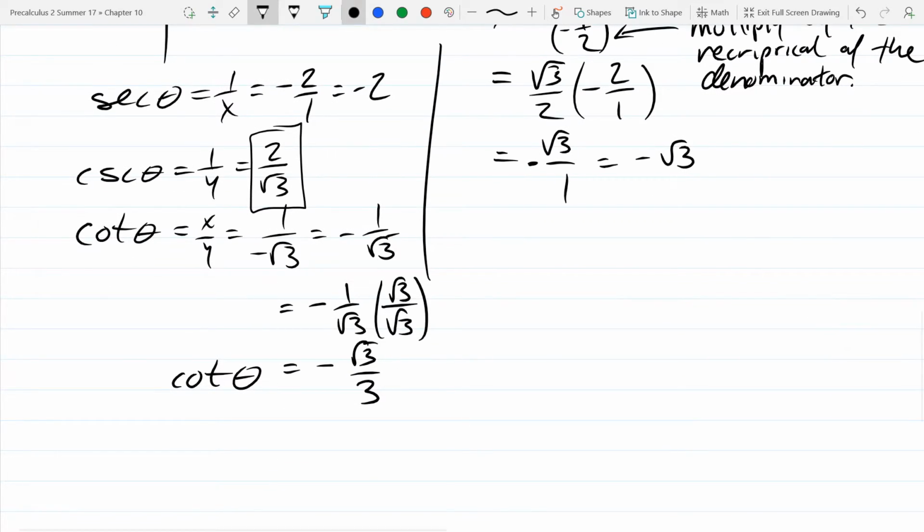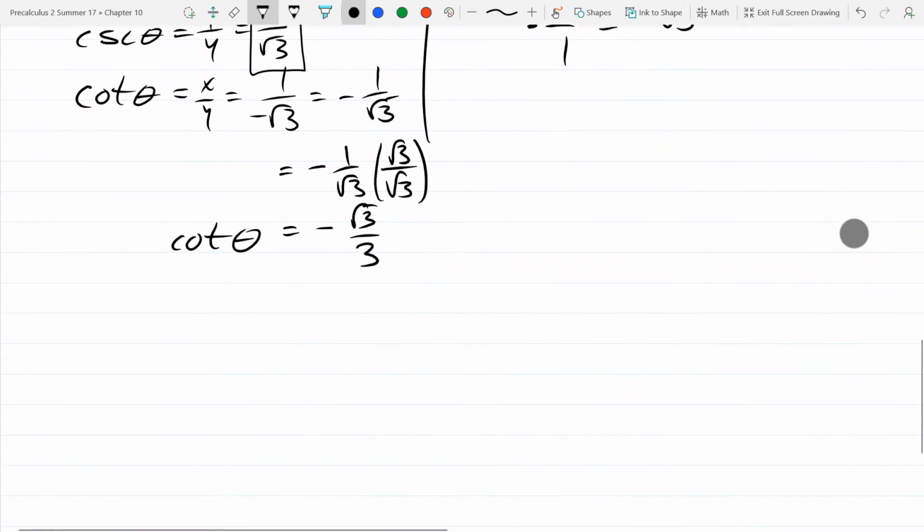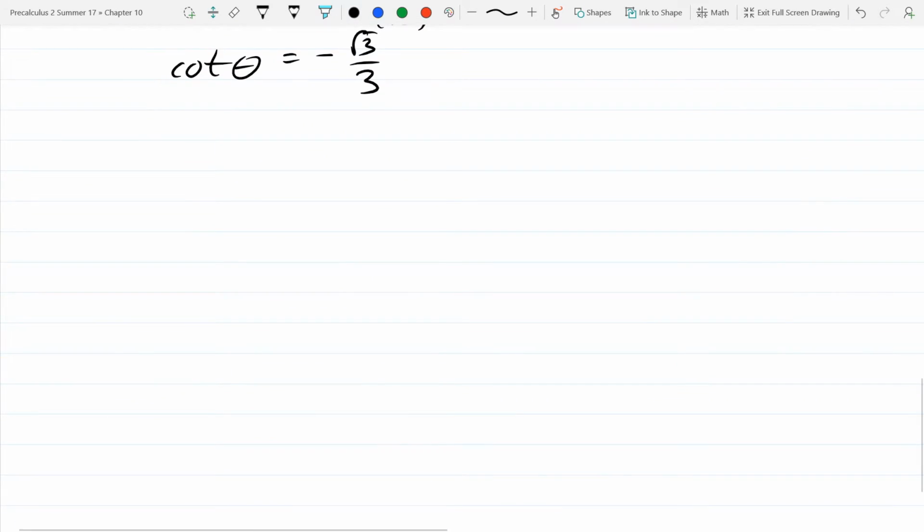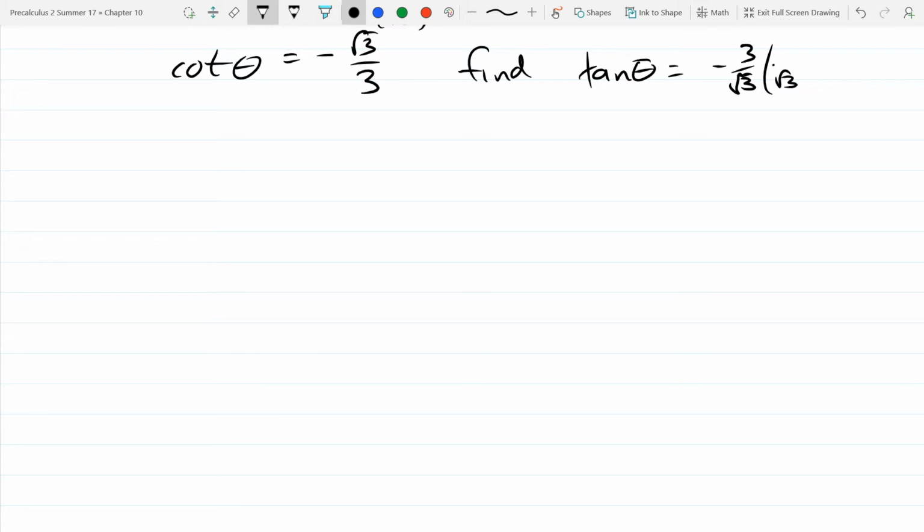But what if you knew cotangent theta and that's all you knew, and I asked for tangent theta? All right, well, it's a reciprocal of what's written down. Except what's the problem here? Well, we have a rational in the denominator, so I still have more work to do.